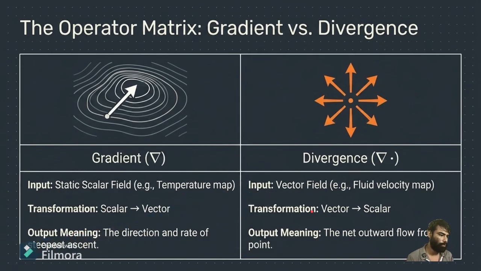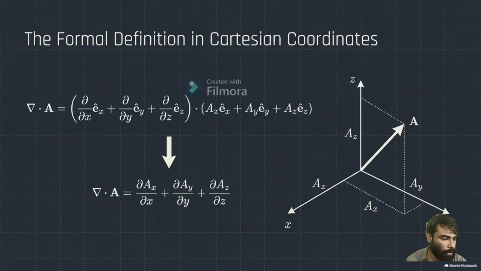Like for a box, how much is outward flow and how much is inward flow, it will give you a number, whether positive or not, of how much is getting out of that box. So divergence is a tool that can change a vector into a scalar, right?